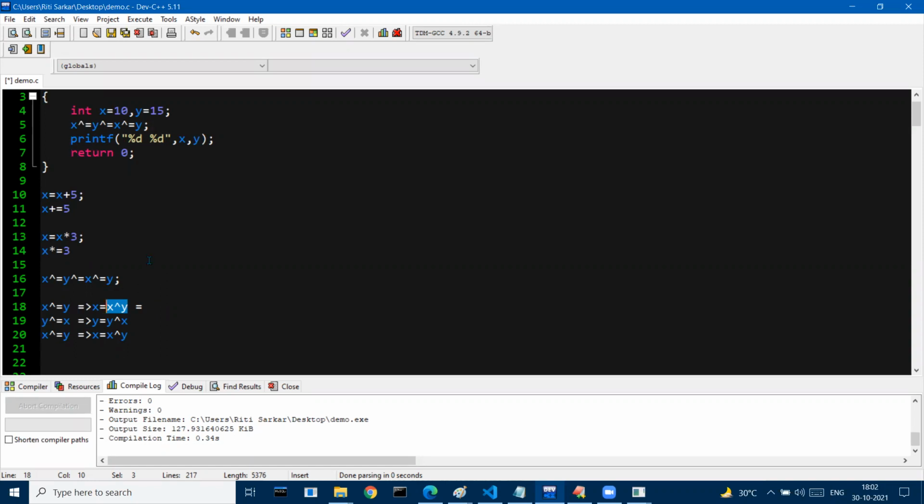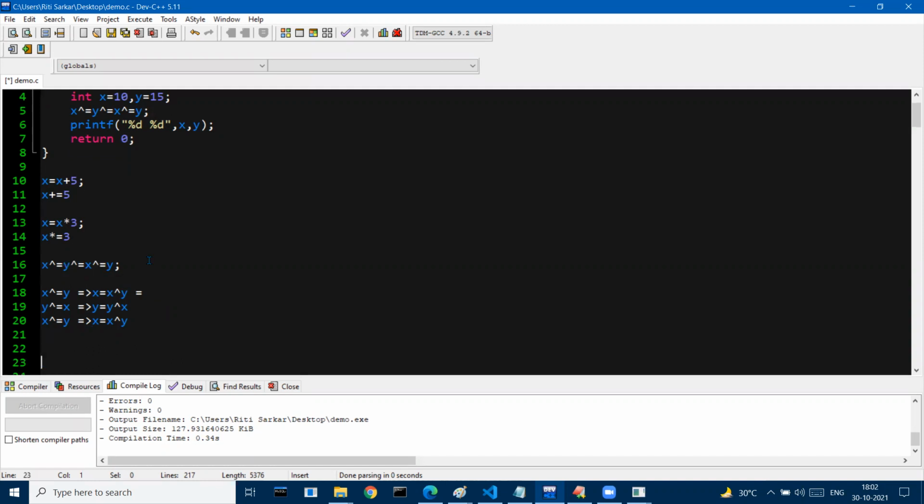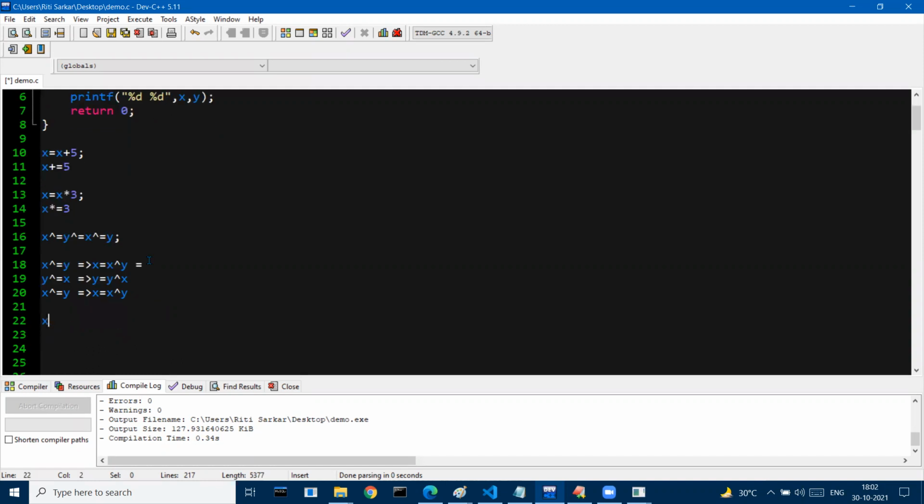x is 10, y is 15. What we will do? 10 means, guys, 1010. 15 means 1111. But you have to go for 32-bit representation, sir. Always go for 32-bit representation. But it will take a bit of time, sir.